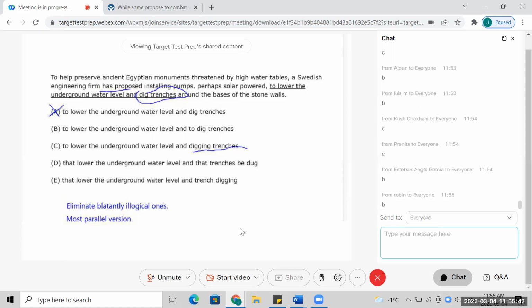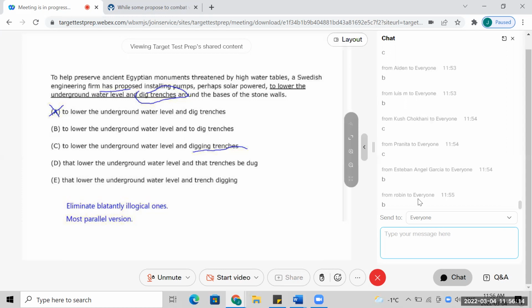So what happened to our infamous last two choices? Has proposed installing pumps, perhaps solar powered, that lower the underground water level and trench digging. So all these choices are starting to look right. You've got to get rid of something.